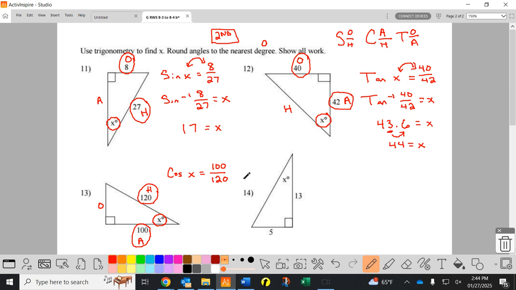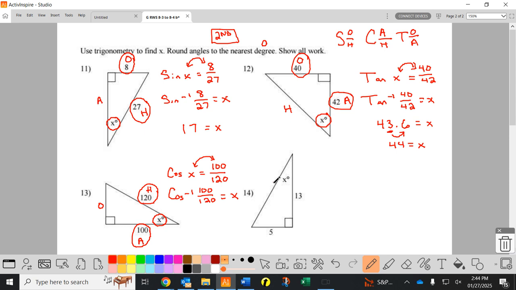Let's see if it'll do it without having to cancel anything out or reduce it. So again, you'll use the inverse function, switch these. It's going to make it cosine -1, 100 over 120 equals x. Switch that fraction with the x. Okay, so let's see if it'll type it.